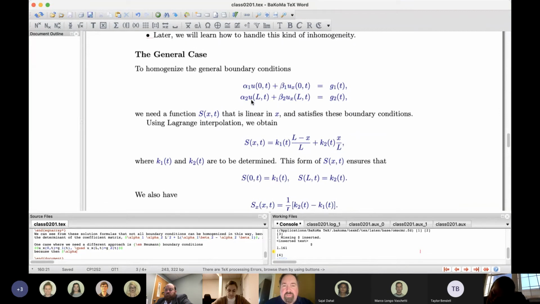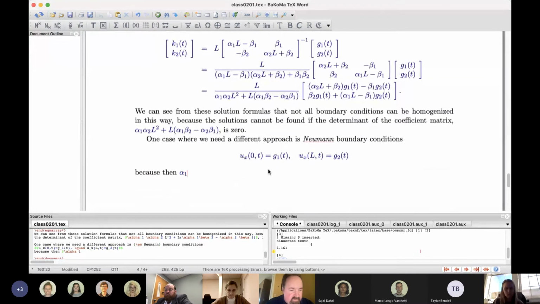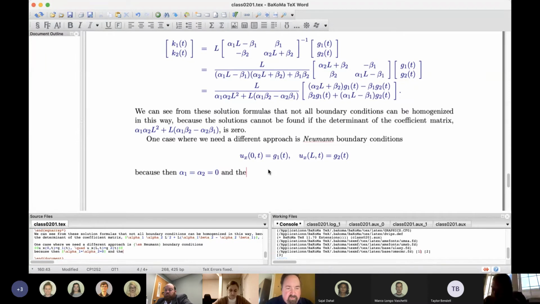Therefore, alpha 1 and alpha 2 are both 0. If I plug in alpha 1 and alpha 2 both 0, everything goes away, so the determinant of that matrix will be 0. So this approach of finding a function that's linear in x will not work in this case. But I can tell you what does work.